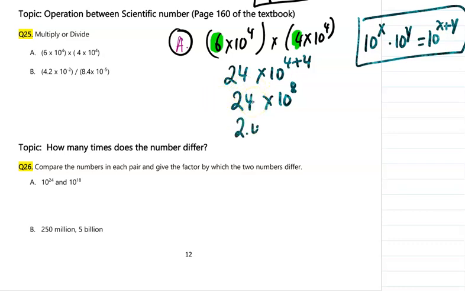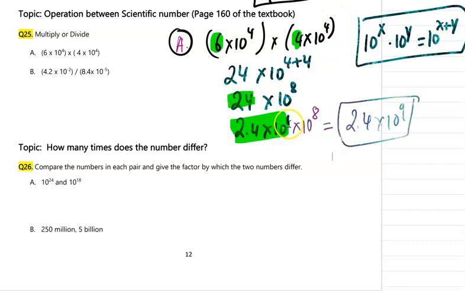This is the same as 2.4 times 10 to the power 1, because 24 has the decimal point after the 4, and you move the decimal between 2 and 4 to write the scientific format. 24 is the same as 2.4 times 10 to the power 1, and you have 10 times 10 to the power 8, and altogether that gives you 2.4 times 10 to the power 9, because you add 1 and 8 using this rule again. So that's the answer for A.